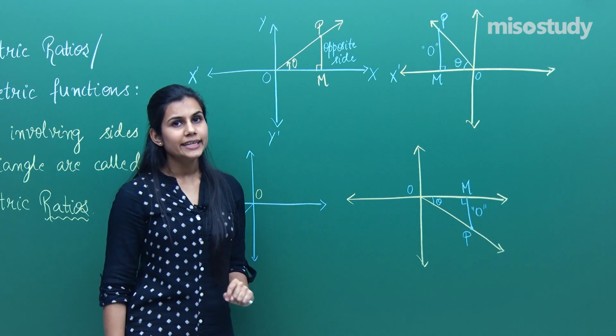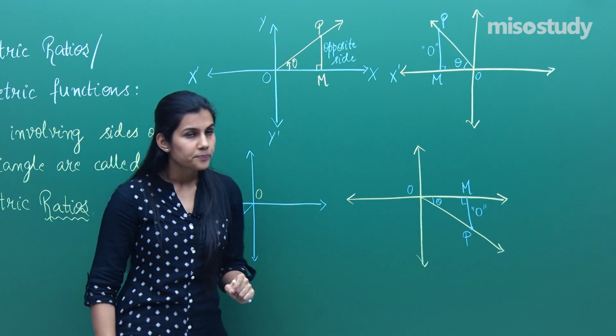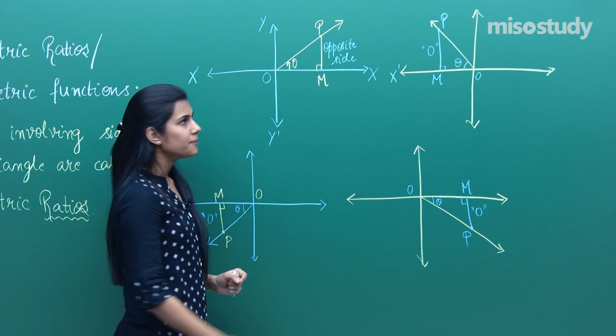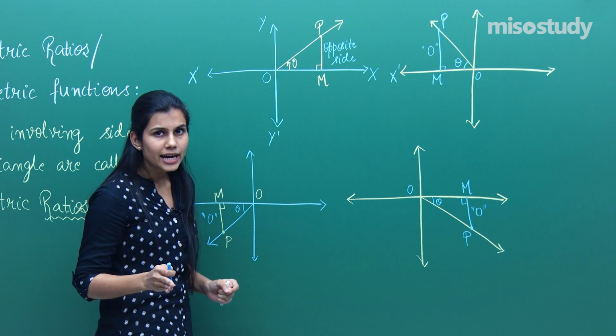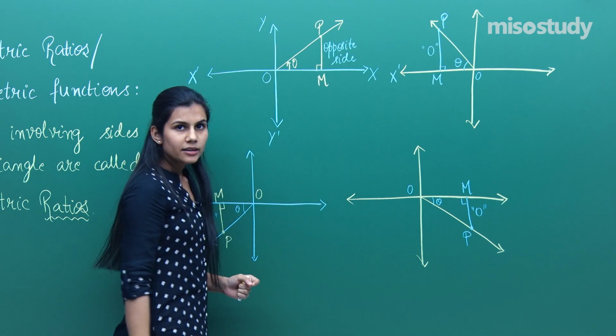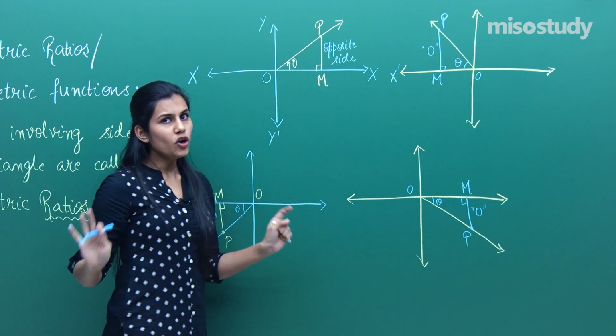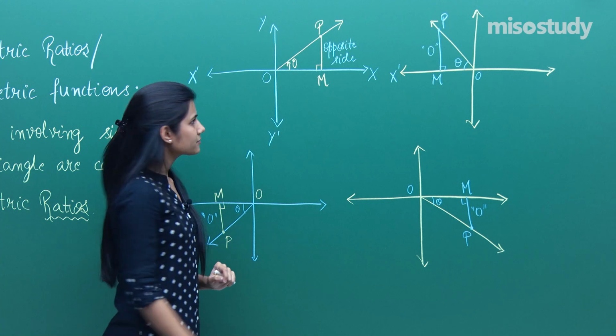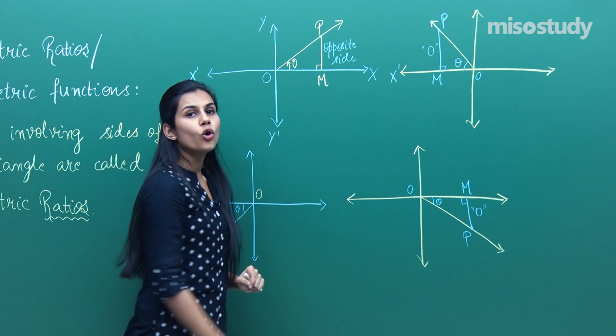Moreover, another side is there which has a name. Out of the three sides of this triangle, OM, PM and OP, PM happens to be the opposite side of the angle theta in every case. What about the side OM?